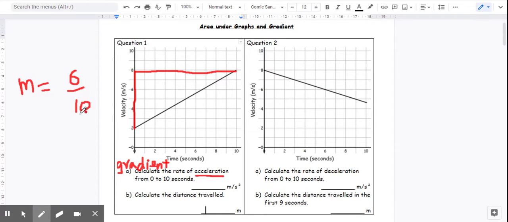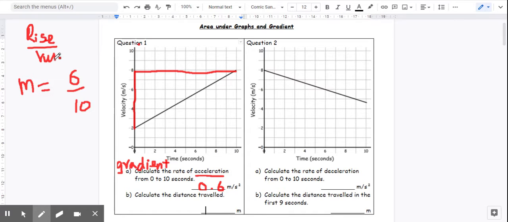So 6 divided by 10, you could leave it as a fraction or convert to a decimal number, which is 0.6. I repeat, the acceleration or deceleration is calculated by finding out the gradient. The gradient formula would be rise over run, and that helps you to complete.